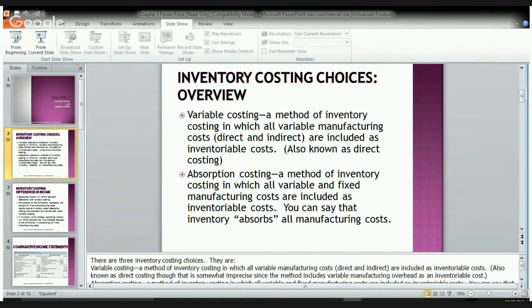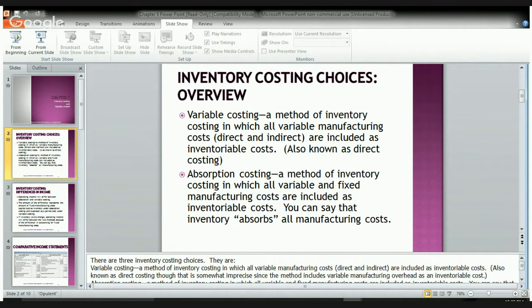Now let's see the difference with the absorption costing. With absorption costing, I still have the same revenues at $6 million. And of course, my beginning inventory is zero. Now, in absorption costing, we're going to have the variable manufacturing costs and the allocated fixed manufacturing costs. So I'm going to take the $200 per unit, multiply that by 8,000 units, and I get $1.6 million.